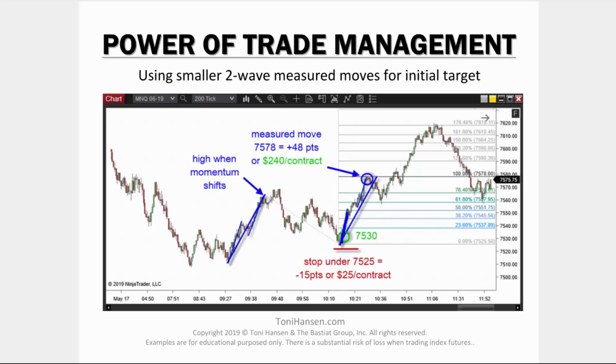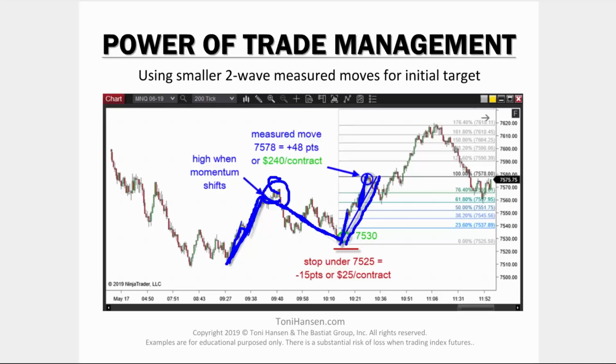I'm looking for things like measured moves, and I'm looking at that original momentum move. So I'm not using the absolute high here. I'm looking at that first main momentum before the correction begins to start. Before this starts to slip over, turns into choppier type of trading.